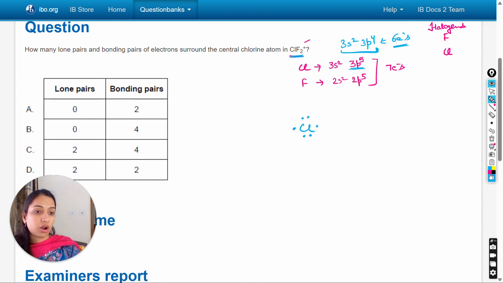valence shell or the outermost shell, and 2 fluorine atoms around it, whose configuration is 2s2 2p5, 7 electrons around each fluorine atom. Here this bond and this bond are formed between the fluorine and the chlorine atom.